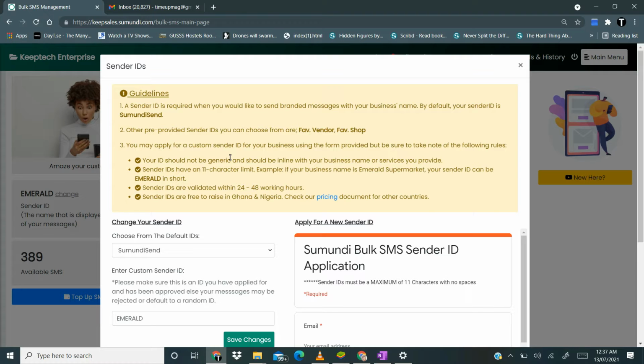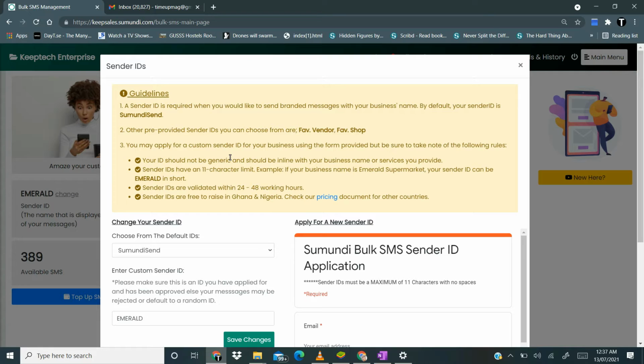We have a video that talks about what a sender ID is and how to go about it, and you can check that out. But a sender ID is required if you are going to send a branded message with your business name. Otherwise, by default, your sender ID is going to be Sumundi Send.